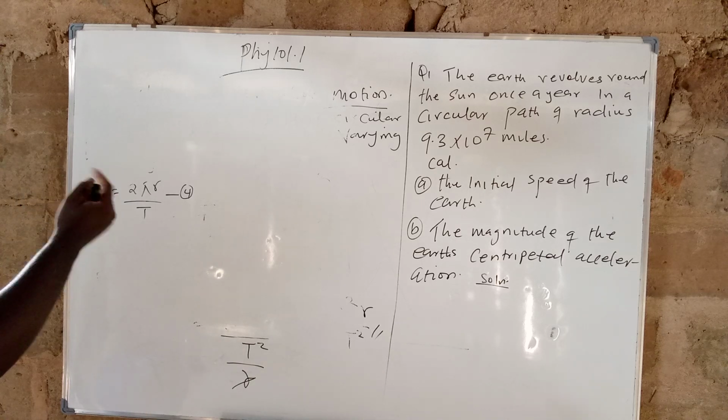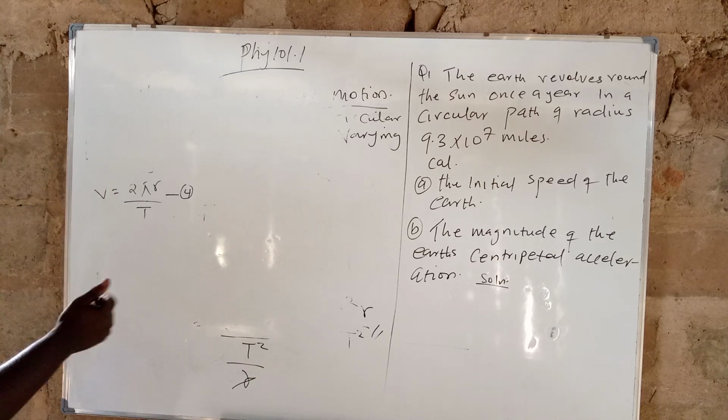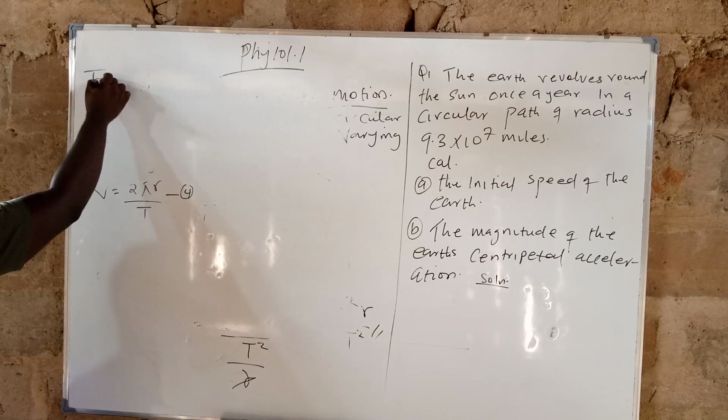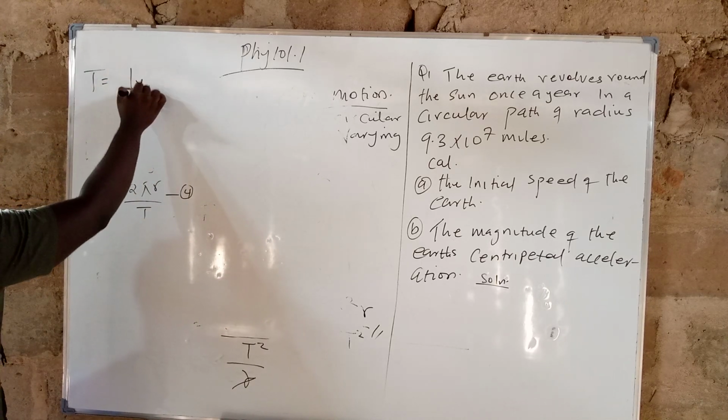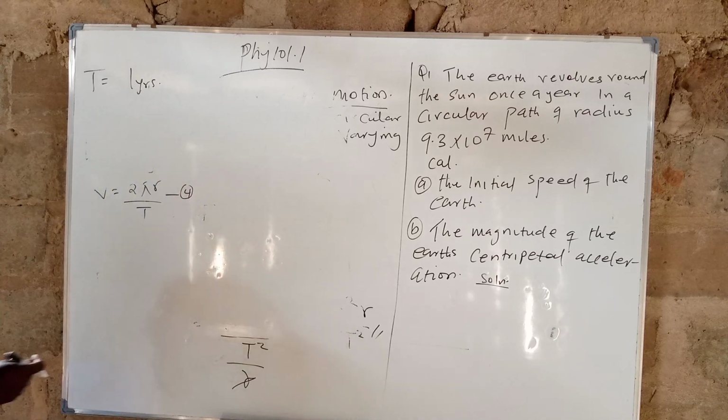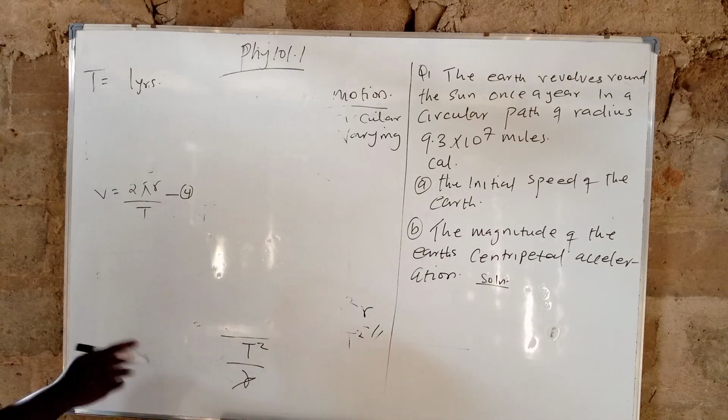It revolves around the Sun once a year. And so I have to calculate my period, which is 1 year, right? Now, in a year we have 365 days, and in a day we have 24 hours. So I want to convert year to hours. If you don't know how to do this conversion, check my video on conversion factor, please.